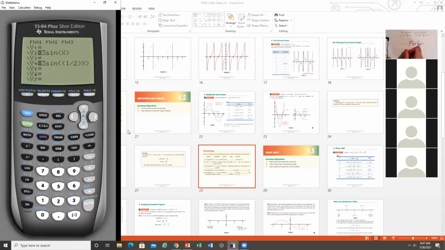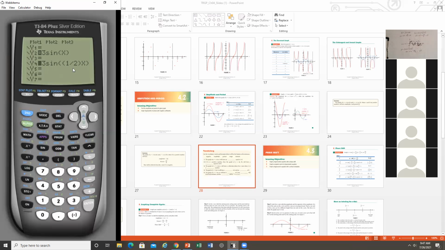Would it be 1 full period would be 4 pi? Yeah. So now the period of 3 sine 1/2 x is going to be 2 pi divided by 1/2, which is to say 4 pi, whereas the period of the first one is still just 2 pi.